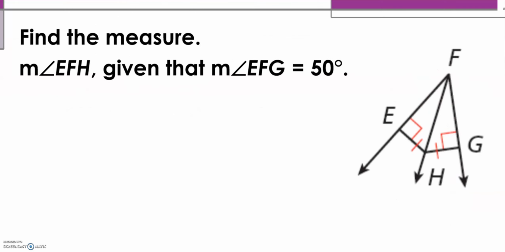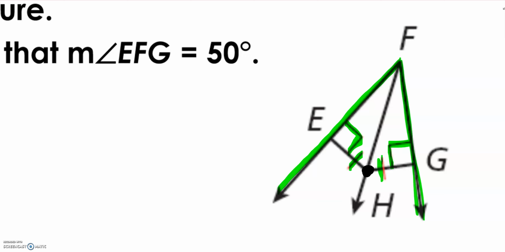Here I don't see angle bisector, but I do see that I have point H. And point H is the same perpendicular distance away from two sides of an angle, which means that H must have been on an angle bisector in the first place. So I can acknowledge that angle EFG is split into two congruent angles.